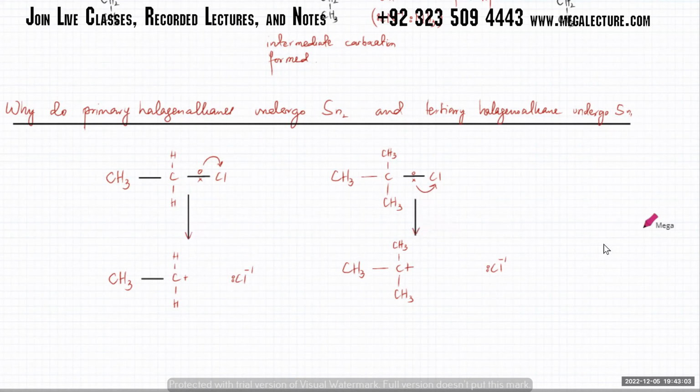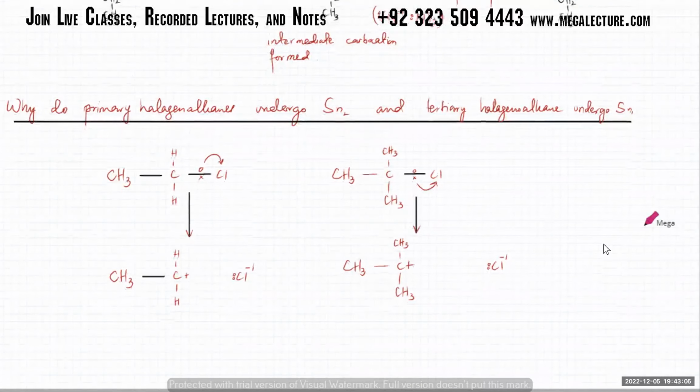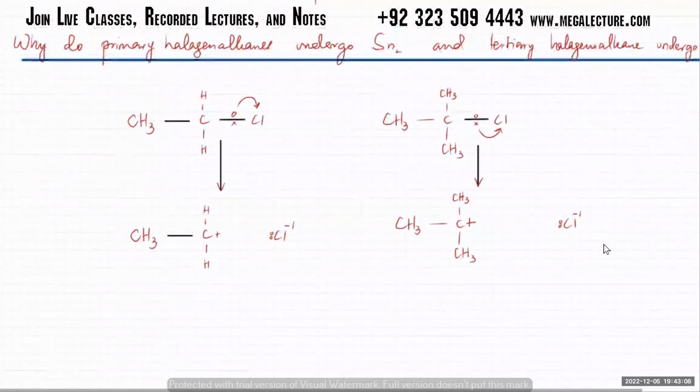In both cases. Achha, so the question is, why can't the first one form a carbocation? We did this previously as well when we did Markovnikov's rule, and I told you that when you're surrounded by large alkyl chains, there are 9 electrons over here, 9 electrons on this side, 9 electrons on this side.